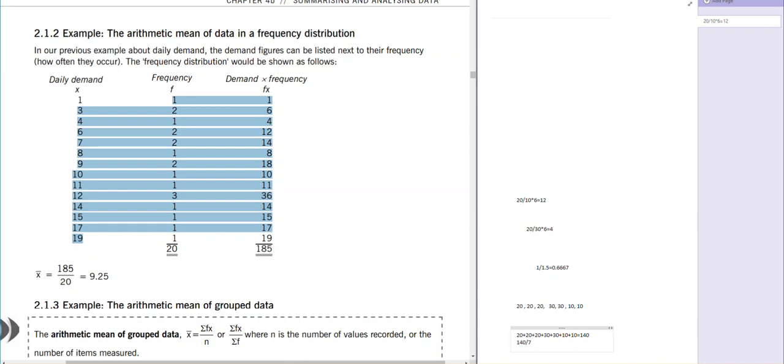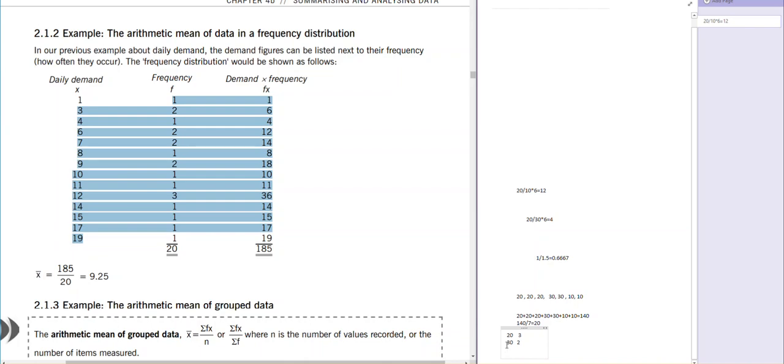So divided by 7 would give me 20 average. But if data is represented like this, 20 is 3 times, 30 is 2 times, and then 10 is 2 times. So obviously we have to multiply by the frequency. This becomes 60, this becomes 60, and then this becomes 20. So 120 plus 20, the same 140, divided by 7. So this is the basic average.